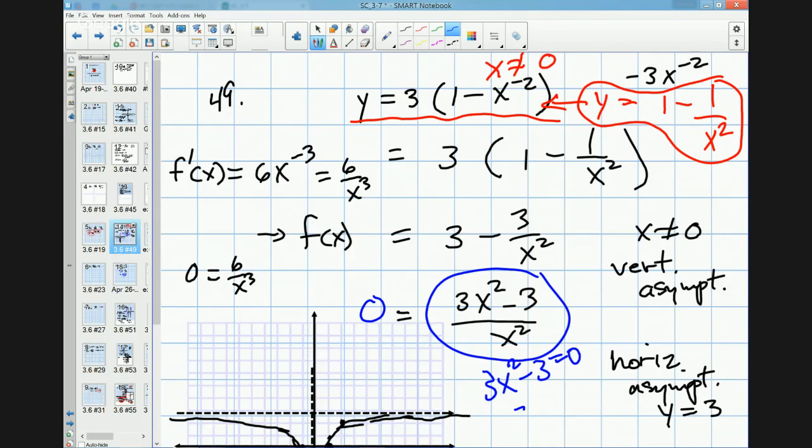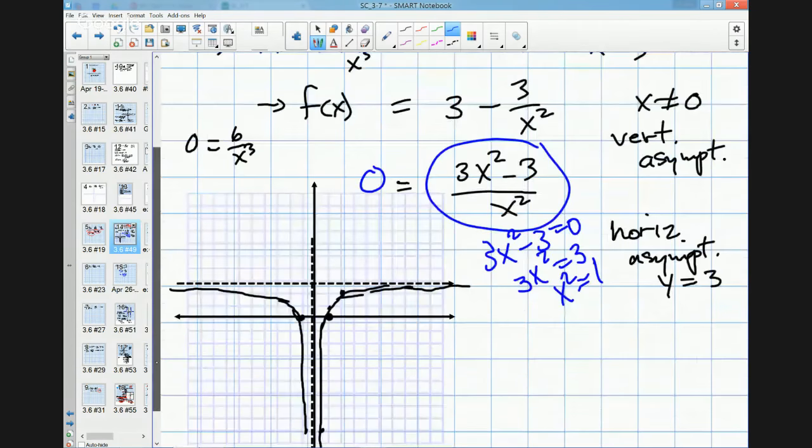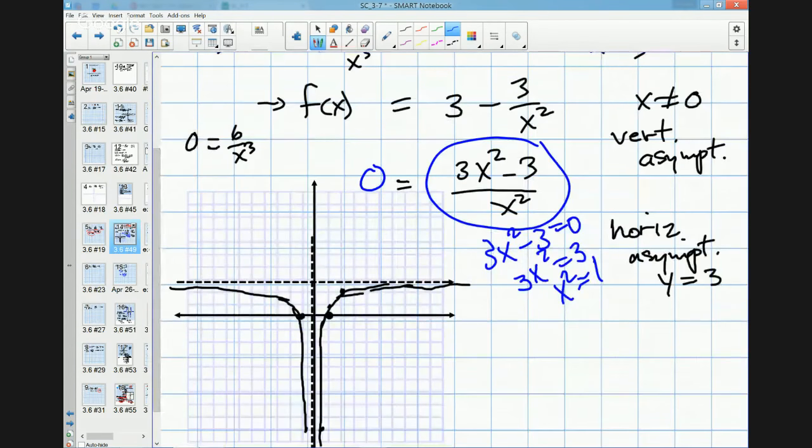So you add 3 to both sides, and you can see that there would be 2 answers to that, 1 and negative 1. I know it's a little bit hard to see, but this solid horizontal line is the x-axis. And sure enough, there they are. 1 and negative 1 are our 2 x-intercepts.